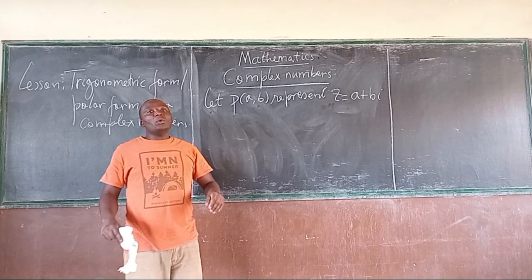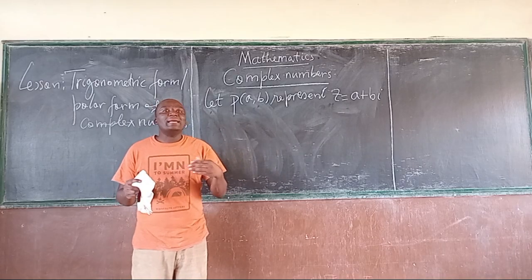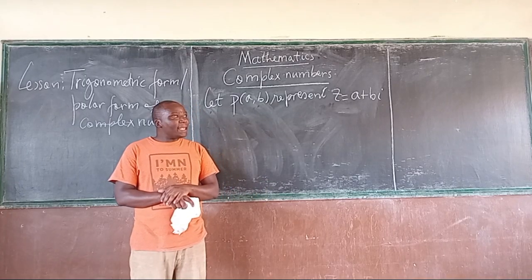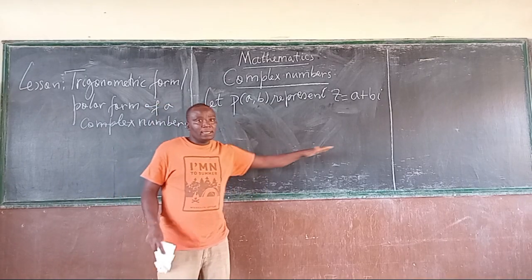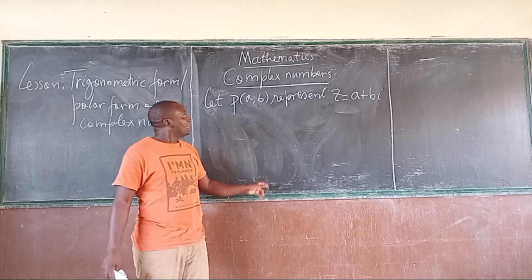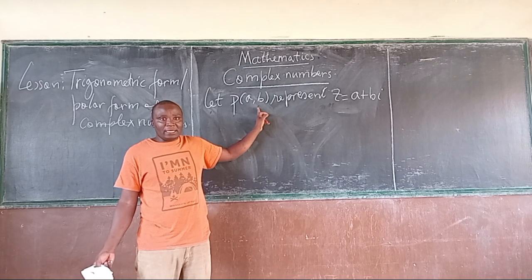Usually, as you know, an Argand diagram or Argand plane is like an xy plane, where on the x-axis you put the real part, and on the imaginary axis you put the imaginary part.